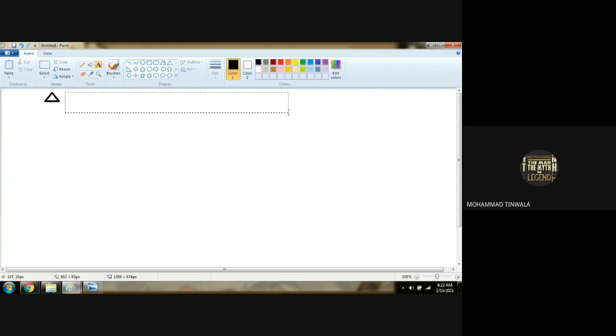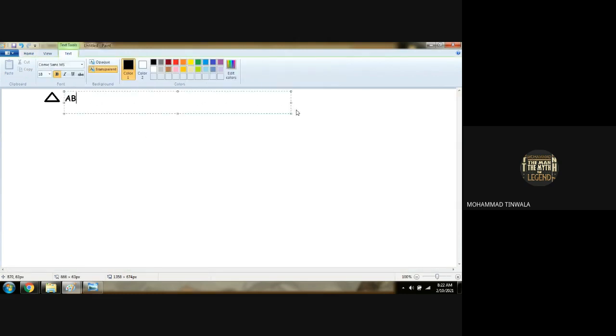We will prepare here ABC. So we can take any name. Let us prepare triangle ABC, where AB is equal to 5.5 centimeter, where BC is equal to 5.5 centimeter, and AC is equal to 5.5 centimeter.